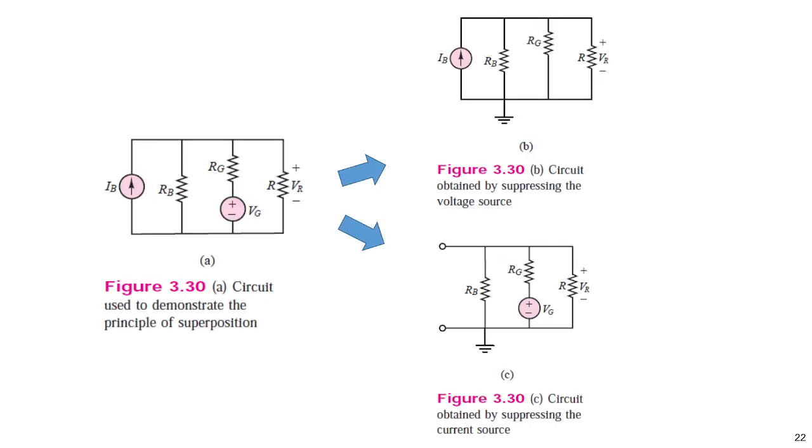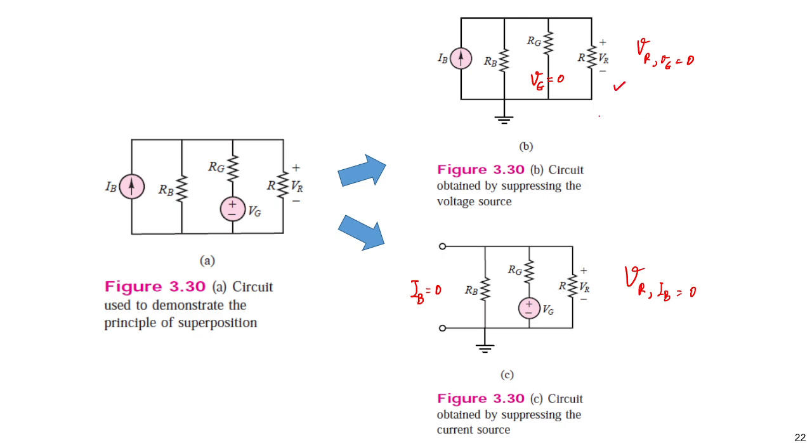So in this case, similarly, we solve the circuit when VG is 0, and then we solve the circuit when IB is 0. Then we get VR. In this case, this is VR when VG is 0, and this is VR when IB is 0. So this circuit is not difficult to solve for VR, right?